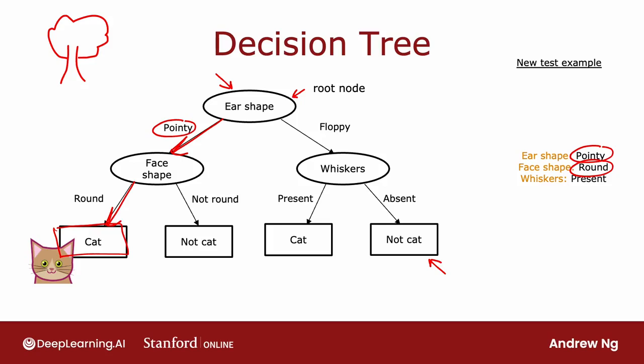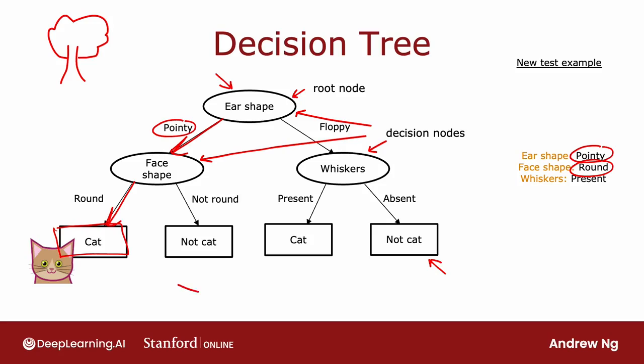What I've shown on this slide is one specific decision tree model. To introduce a bit more terminology, this topmost node in the tree is called the root node. And all of these nodes, that is, all of these oval shapes, but excluding the boxes at the bottom, all of these are called decision nodes. And they're decision nodes because they look at a particular feature, and then based on the value of the feature, cause you to decide whether to go left or right down the tree.